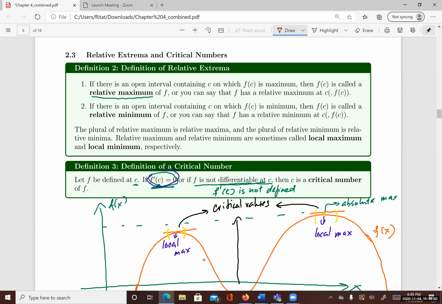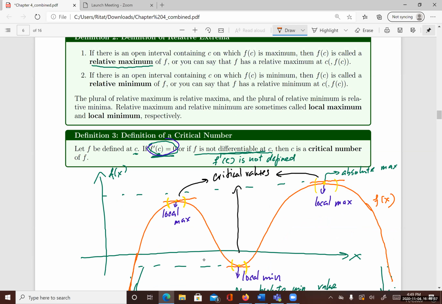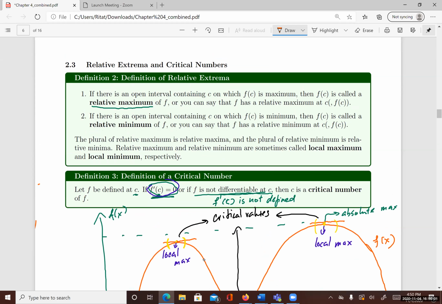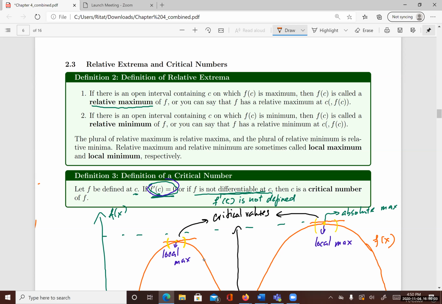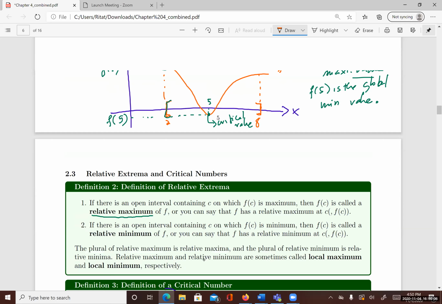And those points, most of the time, occur at critical values. So when you find the derivative and set it equal to 0, you find the critical values, and also find the points where the derivative function is undefined. It's also where you can find critical numbers. All right, here you have it, extrema values of a function.